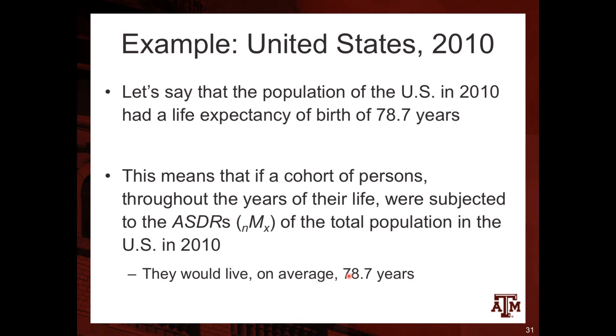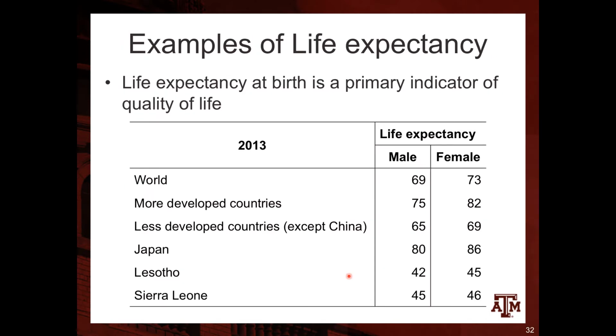Here are some examples of life expectancy at birth for several different regions of the world and also for some countries. Life expectancy at birth is a primary indicator of quality of life. That's why it's so important. Because women on average have higher chances to live longer, and so a higher life expectancy than men, we usually calculate life expectancy by sex.